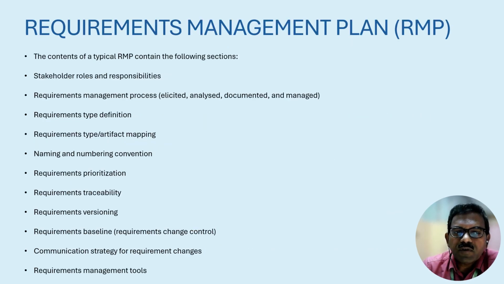So the first thing we can do is plan. There is something called the requirement management plan, and these are the different pointers involved in the planning stage. The contents of a typical RMP contain the following sections: stakeholders' roles and responsibilities. So we have to identify who the stakeholders are and what their responsibilities are.